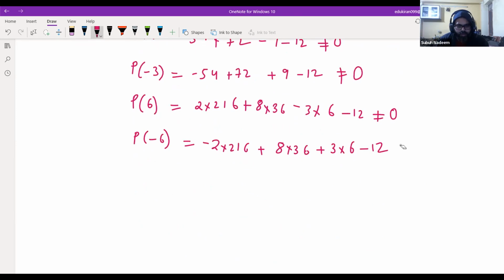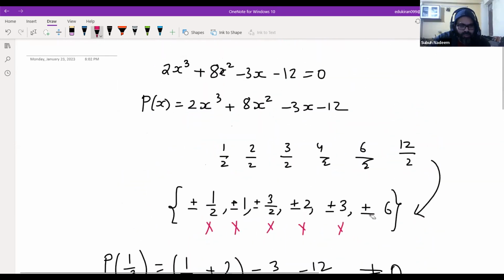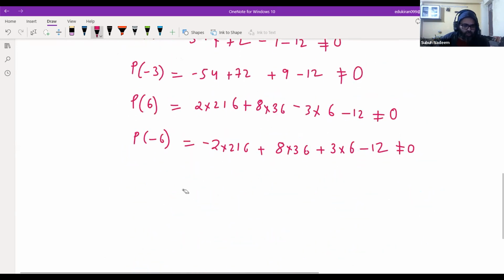So I think we should take it common. But even if you take common, you will not get the answer, because the root could be among these. So let us take common 2x cube plus 8x square minus 3x minus 12. This is what we have.